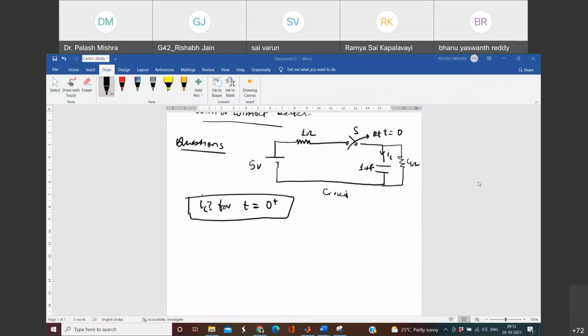Any answers? 0 ampere. Let me check the answer. 0 is wrong. Okay. So shall I solve it?